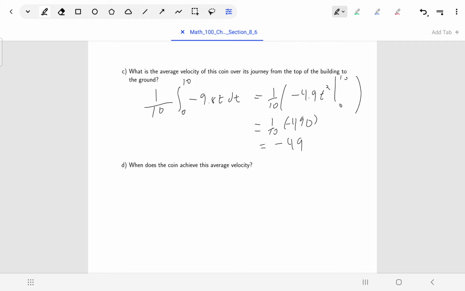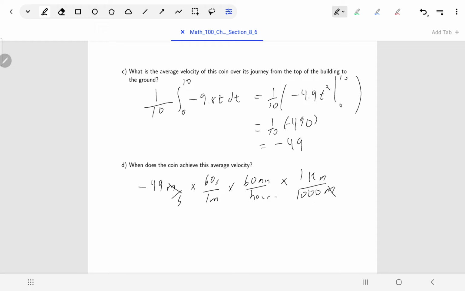If you wanted to, you can convert that into kilometers per hour. So if you're just curious how fast that is in terms of kilometers per hour, negative 49 meters per second, you know that there are 60 seconds in every minute, and 60 minutes in every hour. And as far as the meters go, we know that in 1 kilometer, there are 1,000 meters.